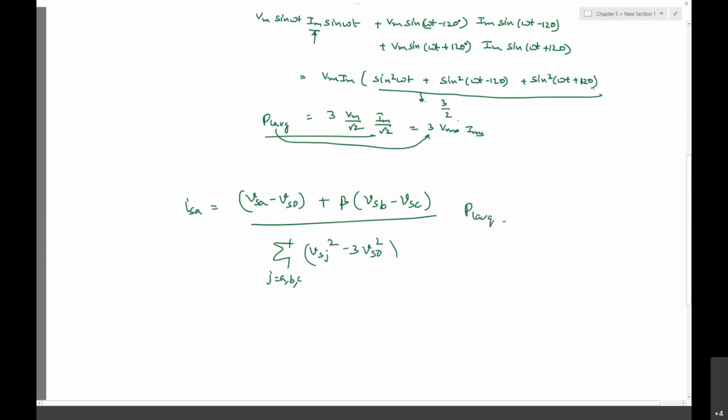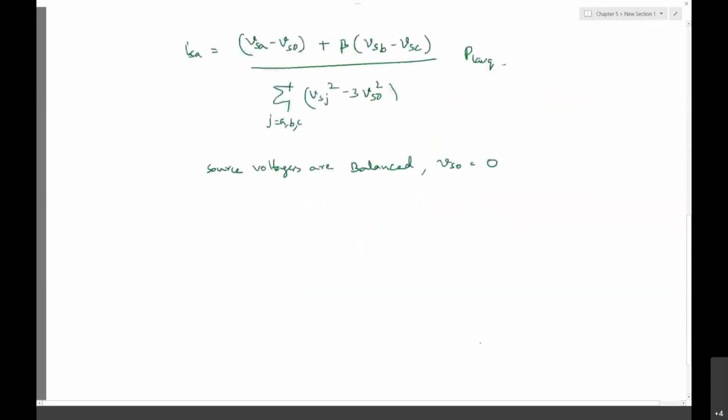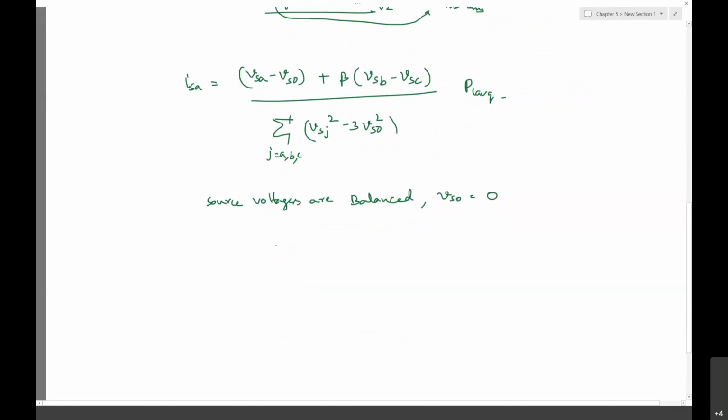In this equation, we have considered the source voltages to be balanced. In that case, VS0 is equal to 0. Next, the desired source power factor, cos phi, has phi equal to 0: the phase angle difference between the desired source current and the terminal voltage is 0.